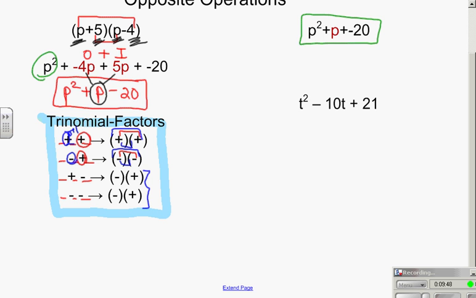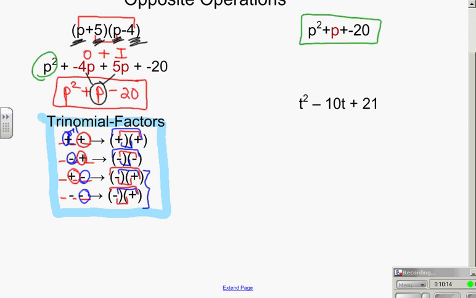Now these 2 factors seem to be the same, but in fact they produce 2 different results. If I take a positive times a negative, think about my last terms, I get a negative. But when I look at that outside and inside business, I have a positive and a negative number.